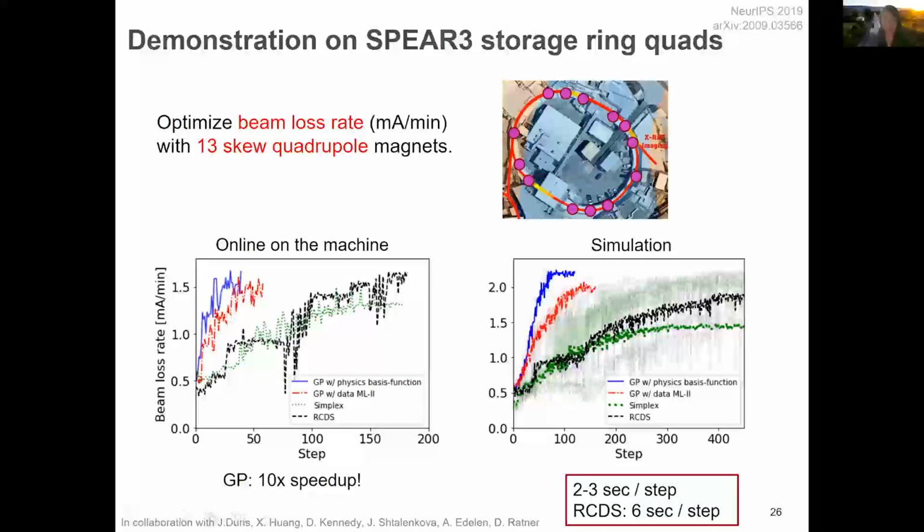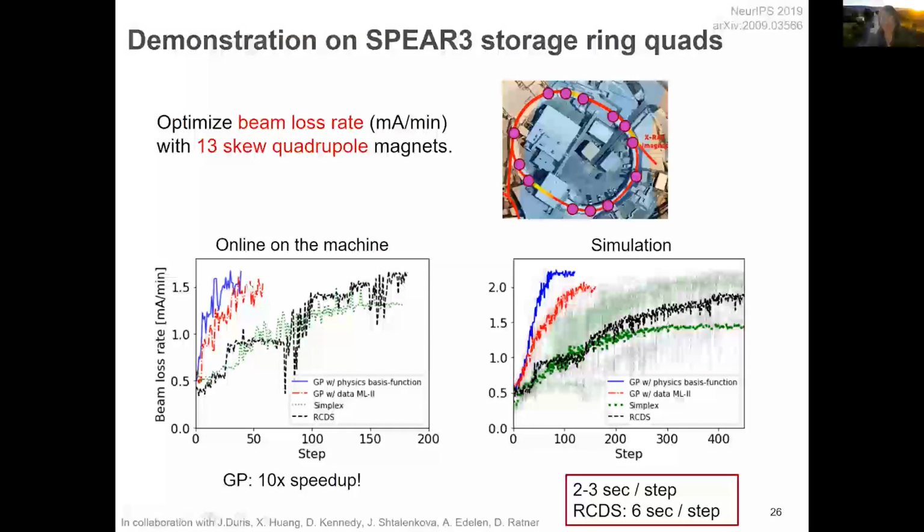And both GPs perform much faster than RCDS and simplex, where each step here is 2 to 3 seconds for simplex and GPs, and for RCDS we had to use longer, 6 seconds per step, in order to average the noise better, so RCDS could deal with it better.